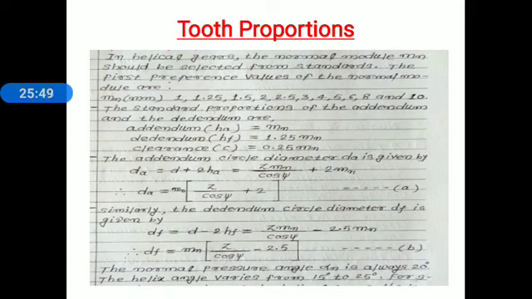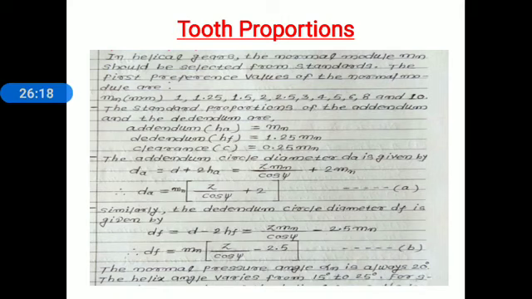Now we know the relation for pitch circle diameter of a helical gear, z mn divided by cos alpha, plus 2 into addendum, that is 2 times normal module. From this expression we take normal module common, and inside the bracket z divided by cos alpha plus 2. Then the expression for addendum circle diameter d suffix a is equal to normal module times the bracket z divided by cos alpha plus 2.